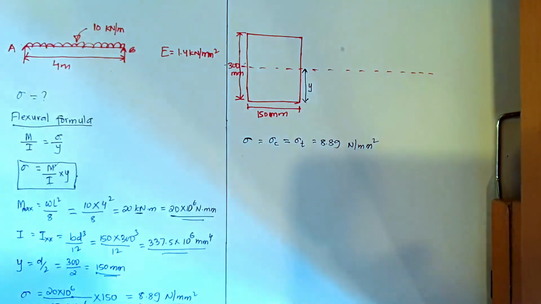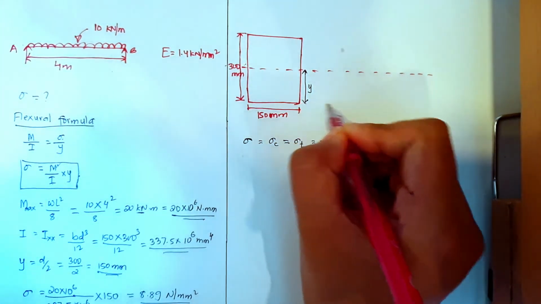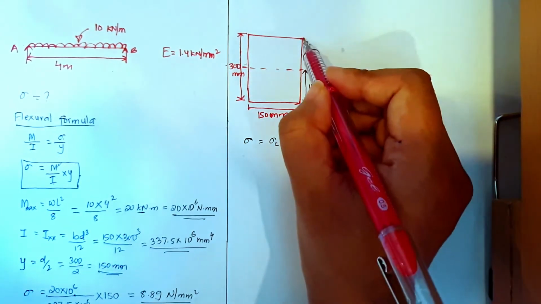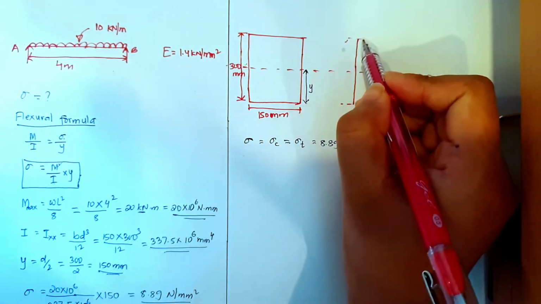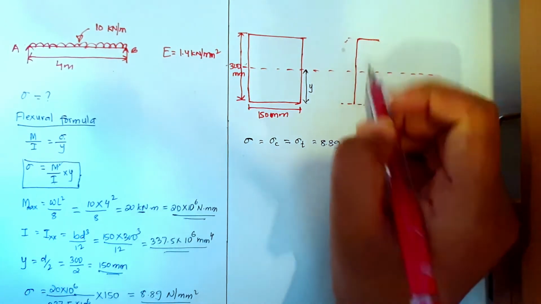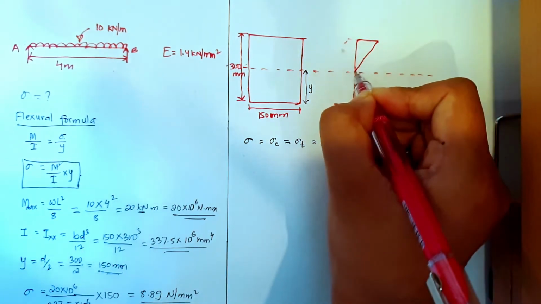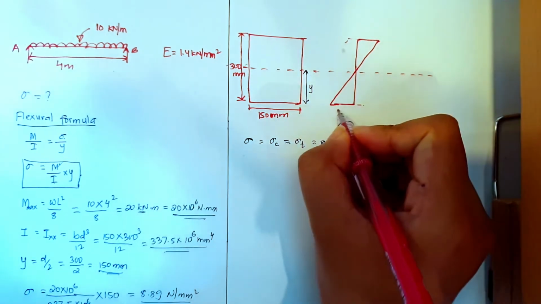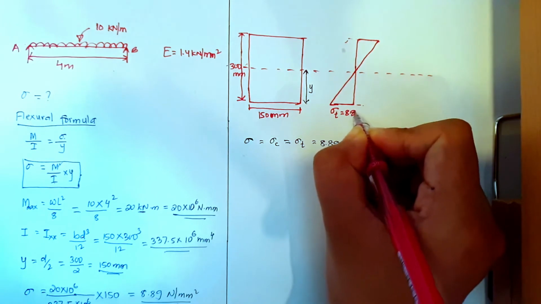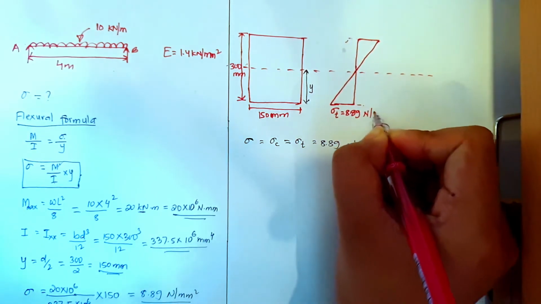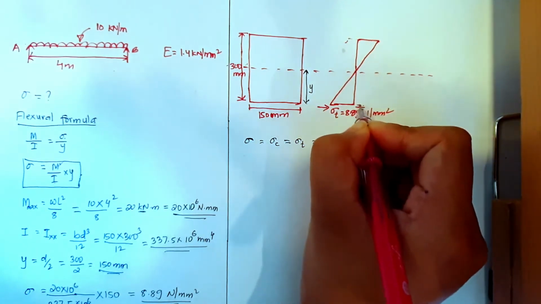Before we find radius of curvature, let's draw the bending stress distribution diagram. So drawing this bending stress distribution diagram, a straight line, and then here, and this should be equal. It will go right from in between this section. So this here is sigma t, for the tension zone, it is coming 8.89 Newton per mm square, which is from here to here.